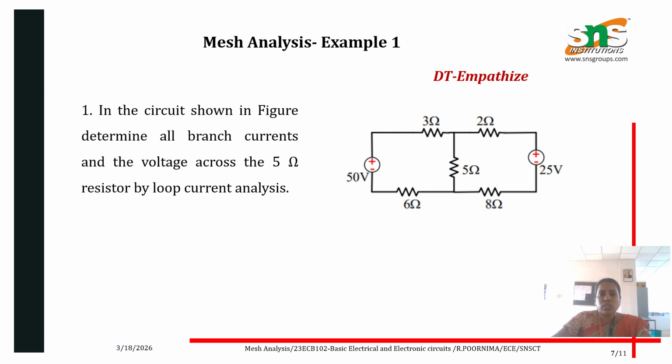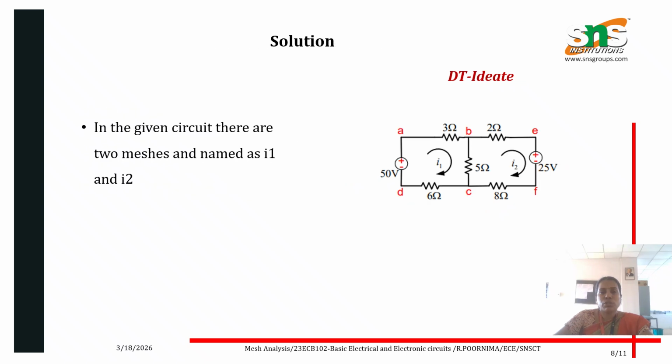For the given circuit, determine all the branch currents and the voltage across the 5 ohm resistor by loop current analysis. The solution for this example is, first of all, we note down the mesh currents for the given circuit. For mesh 1, I1 is noted and for mesh 2, I2 is noted.